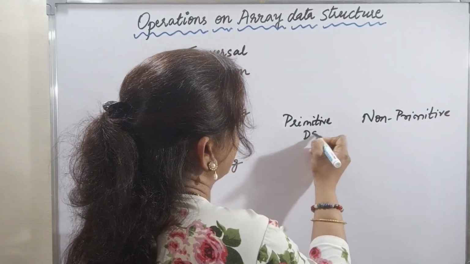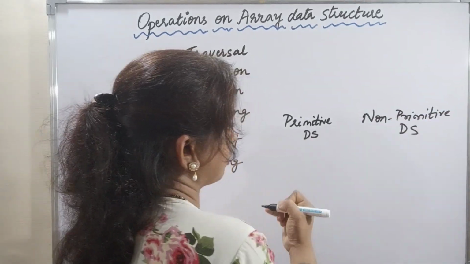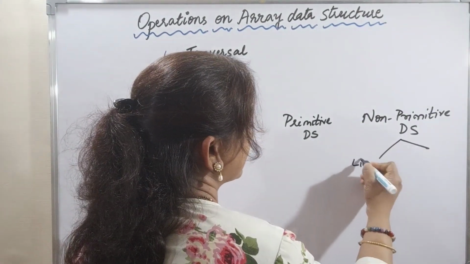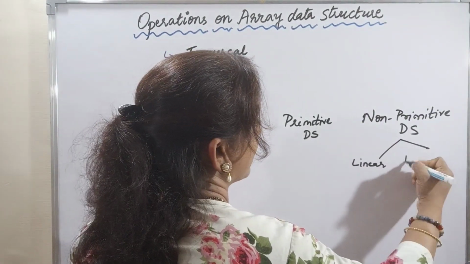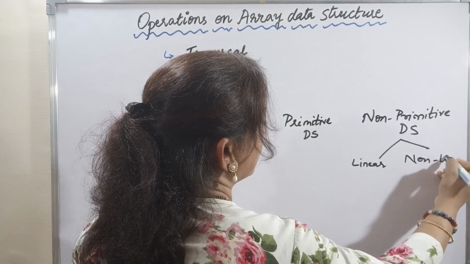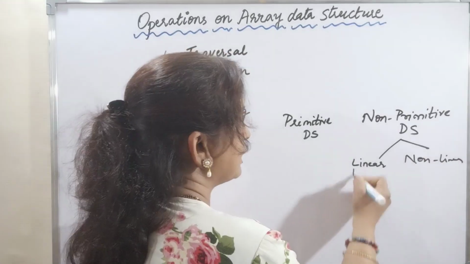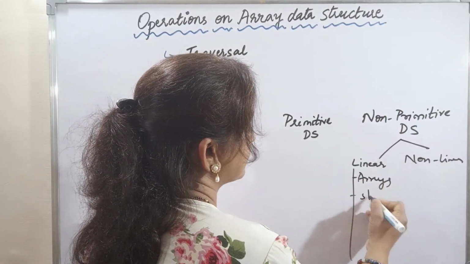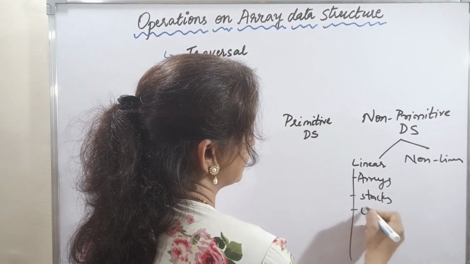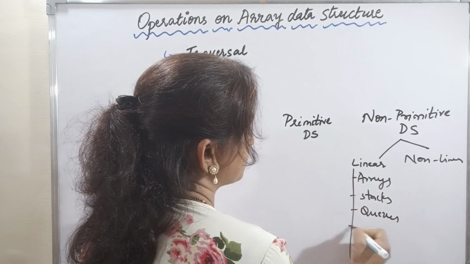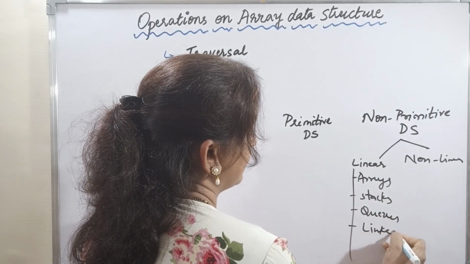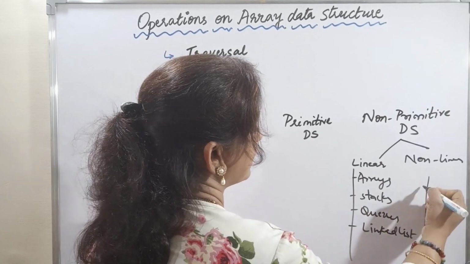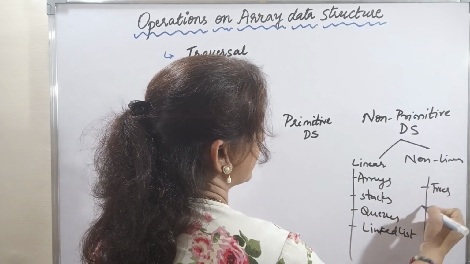Under non-primitive we have the linear data structure and the non-linear data structure. Under linear data structure we have arrays, stacks, queues, linked lists, all those things. And in non-linear we have trees and graphs.